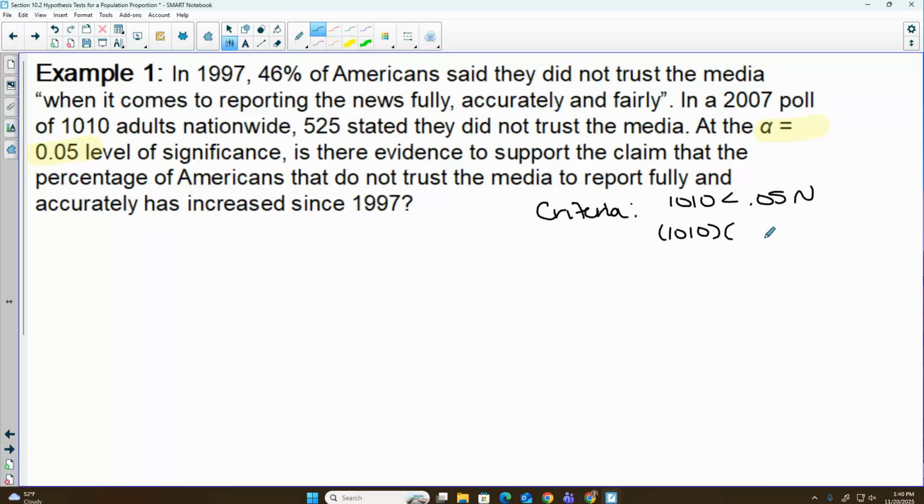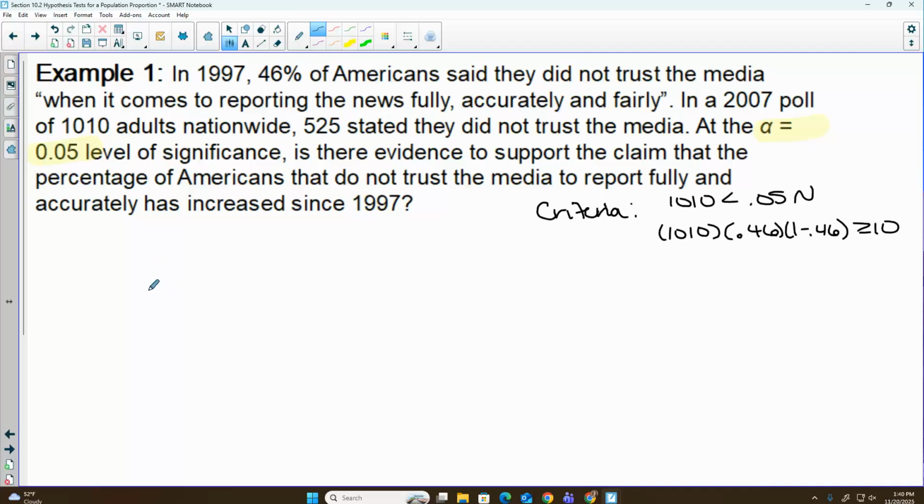What p am I using? 0.46, times 1 minus p. You have to verify that that is greater than 10. And it turns out to be 250, so we're good there. You don't have to show me a ton on your criteria, but you have to show me enough that I know you checked it.